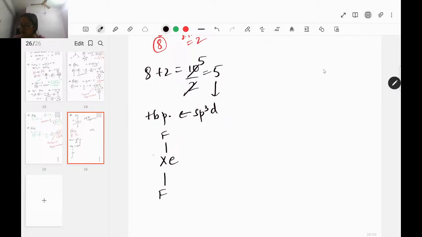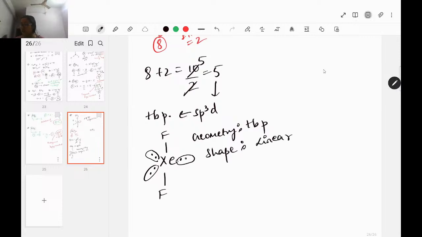So we can clearly see over here that the equatorial positions are left vacant. And since the equatorial positions are left vacant, this structure is linear. The geometry over here is TBP, trigonal bipyramidal, but the shape over here is linear.